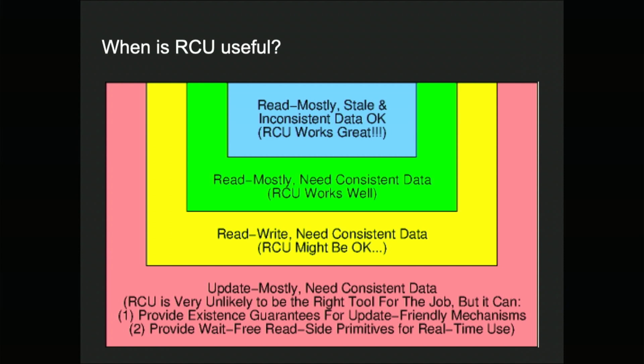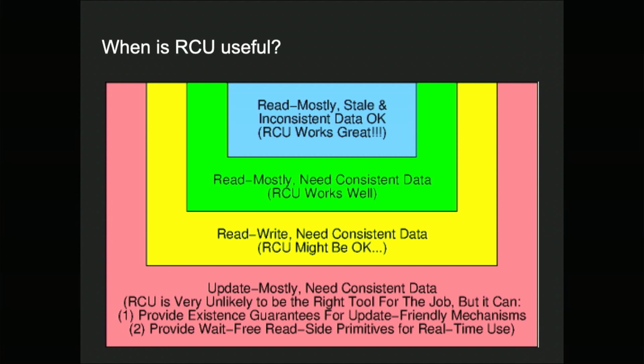It will definitely provide great performance. RCU also works well if it requires consistency, even though it may not perform as well as in the previous case. However, if your application has frequent write operations, it may not be the best tool, and you might need to carefully evaluate its performance.